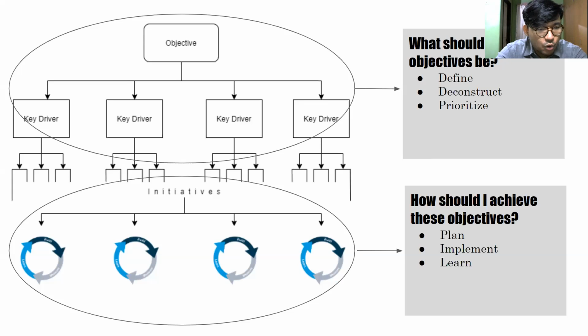Prioritize is looking at which subjects are the biggest drivers or have the biggest impact on my main objective. After this, it's how should I achieve these objectives. It's all about planning: setting up how exactly you want to tackle it, implementing, basically just doing it, and learning. Realizing what went wrong, what went right, how do I do more of what went right, and how do I do less of what went wrong.